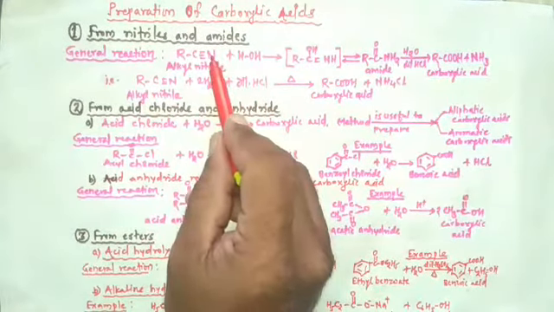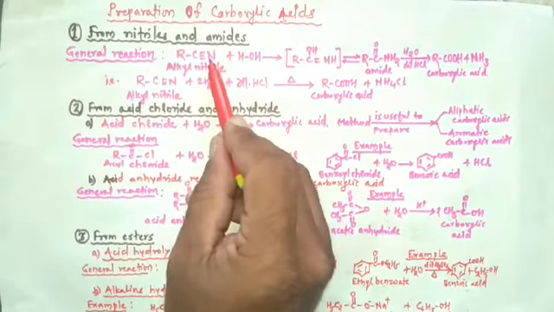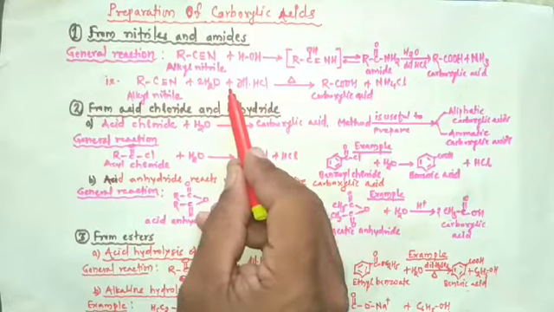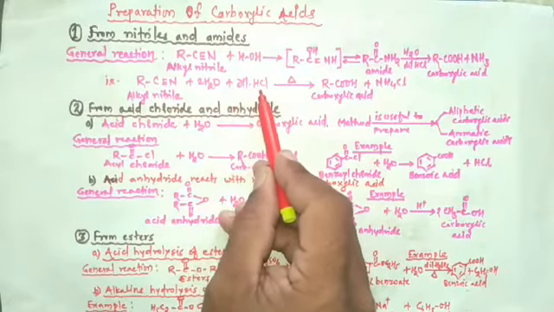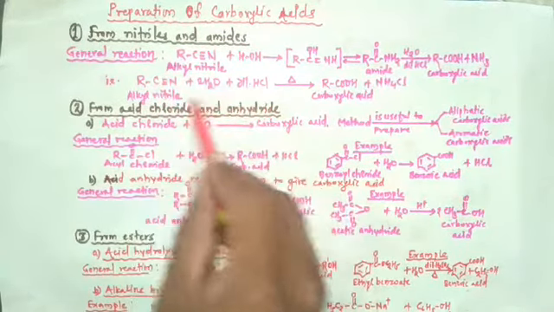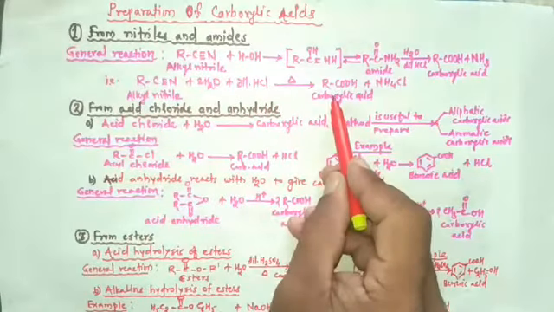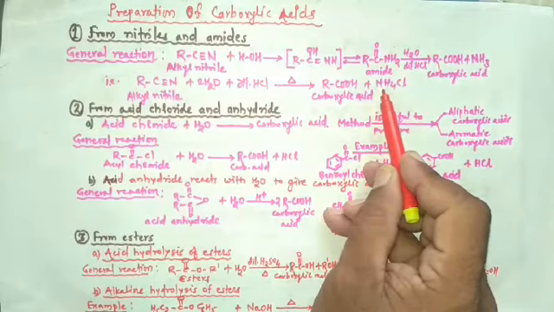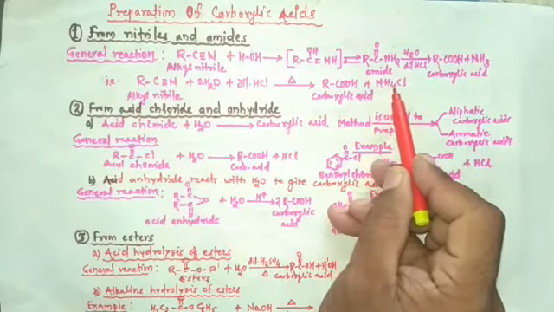This reaction can also be written in this way: RC triple bond N plus 2H2O plus dilute HCl, after heating the reaction mixture, gets converted into the corresponding carboxylic acid, and the byproduct formed is NH4Cl.